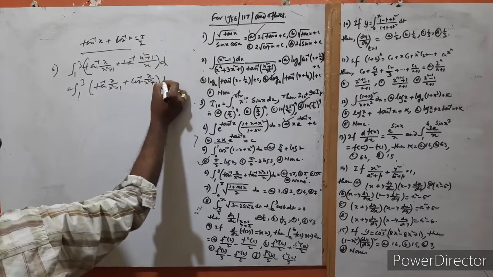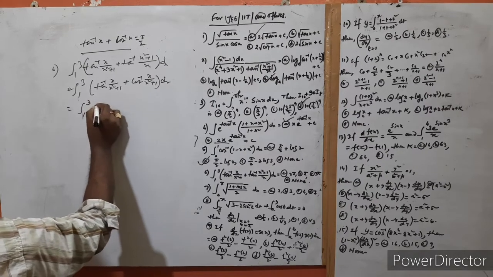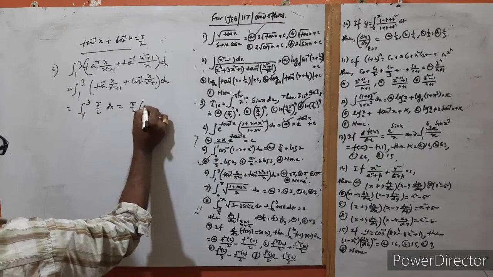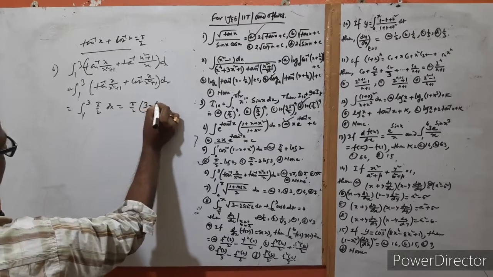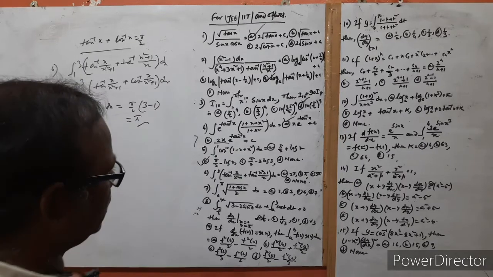From these properties we can write this as the integral from 1 to 3 of pi by 2 dx. So this is pi by 2, and dx means 3 minus 1, which is 2, and this gives pi here. So this is option B.